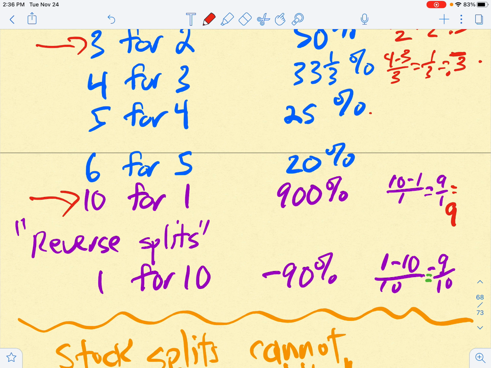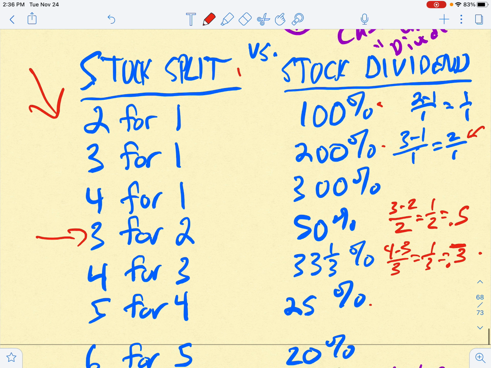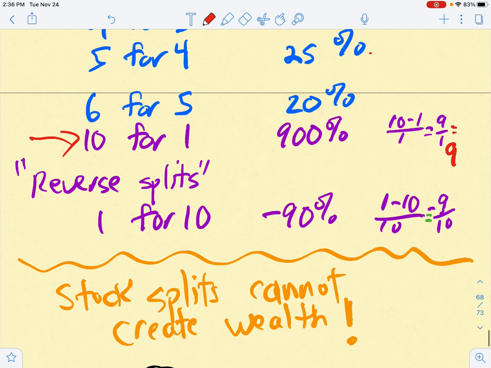An example of a reverse split would be a 1 for 10. For every 10 shares you used to have, you now have 1. We'll see in a moment how that's going to make the stock price rise. But right now we're not talking about stock price. We're just noting that a 1 for 10 stock split is equivalent to a minus 90% stock dividend.